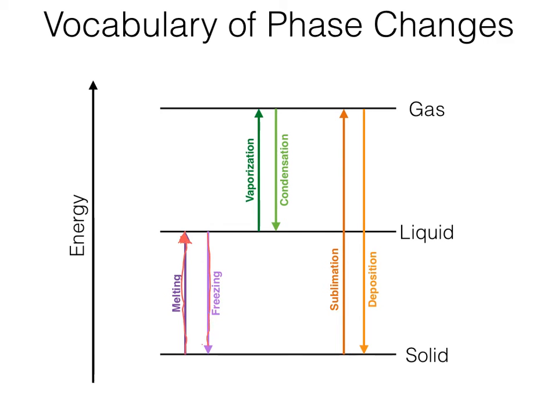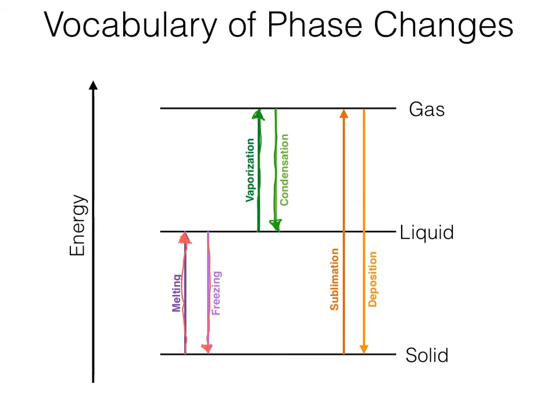The reverse process, freezing, is an exothermic process. It releases energy. We also have vaporization, which is the transition from liquid to a gas. And we have the opposite of that, which is condensation.